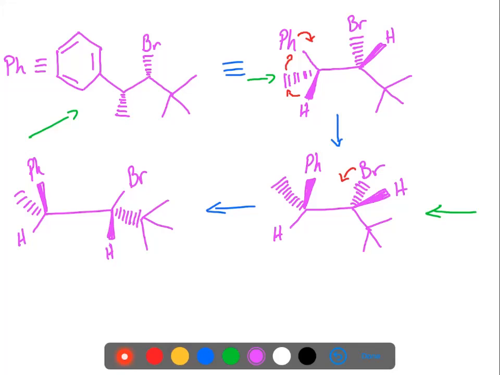So now, after doing those two rotations of each carbon, the leaving group, this bromo substituent, is antiperiplanar to a beta hydrogen. And so it'll be this beta hydrogen, of course, that will be lost. And so in drawing our mechanism, let's use our base lone pair, and we're going to carry out our E2.